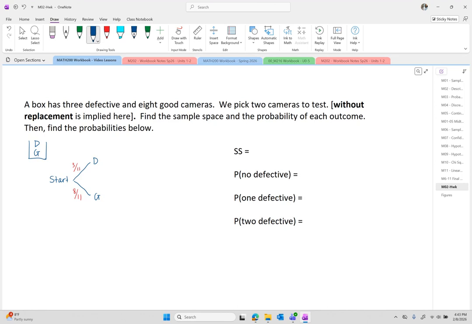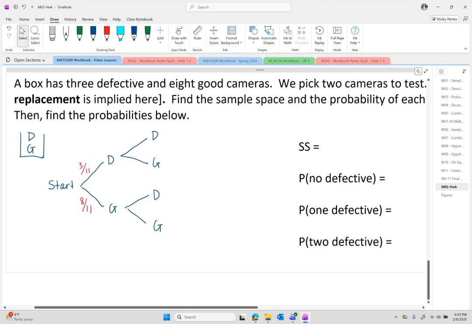And then when we have picked the first camera, the outcomes are to do a defective or a good for our second pick, or if we have picked a good camera, to do a defective or a good for our second pick. Remember again that it's without replacement.